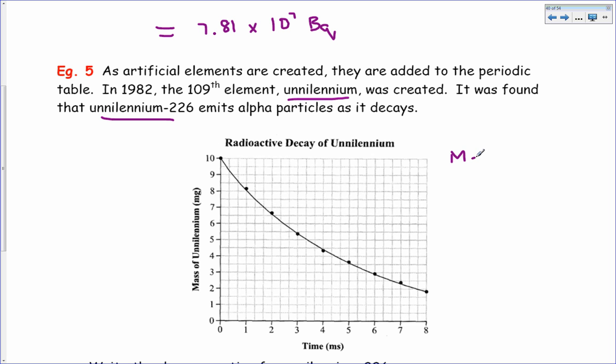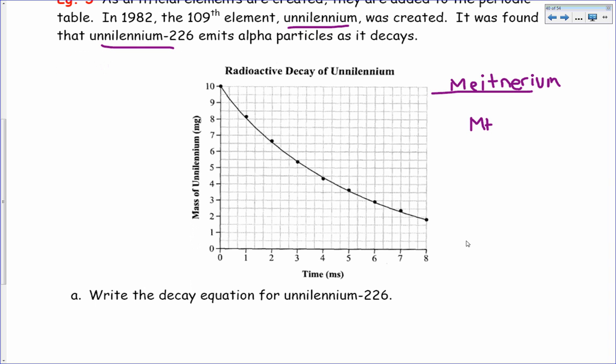I did a capital M, we'll pretend that's a lowercase m. So I'm assuming this was named after some guy named Meitner, because that's usually what they name these after. Okay, and the symbol is Mt. So we'll use that instead of unilenium.